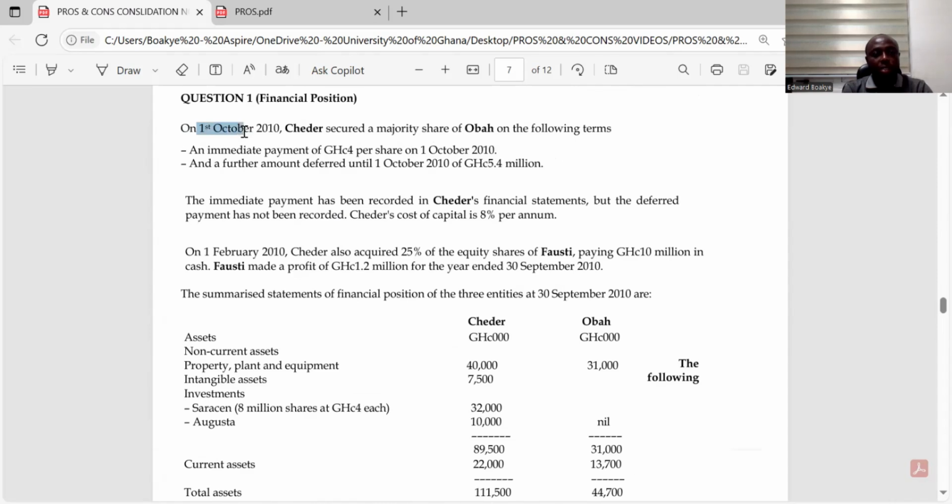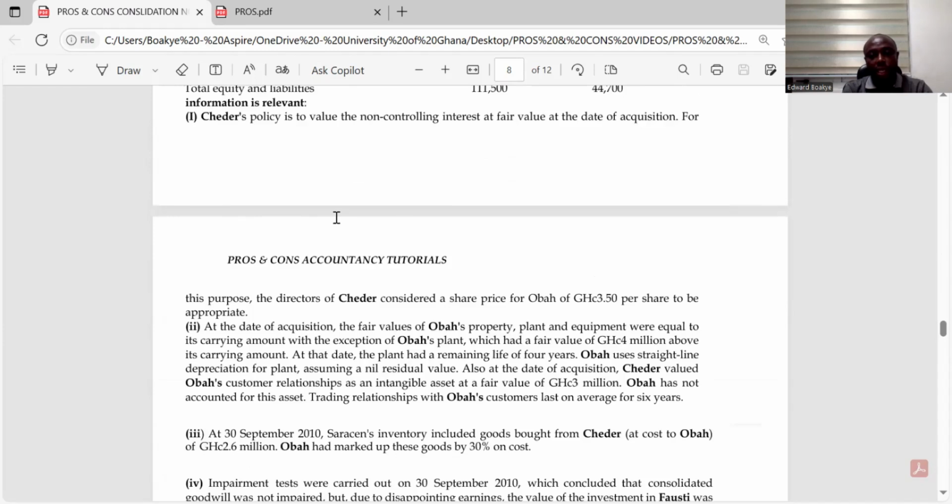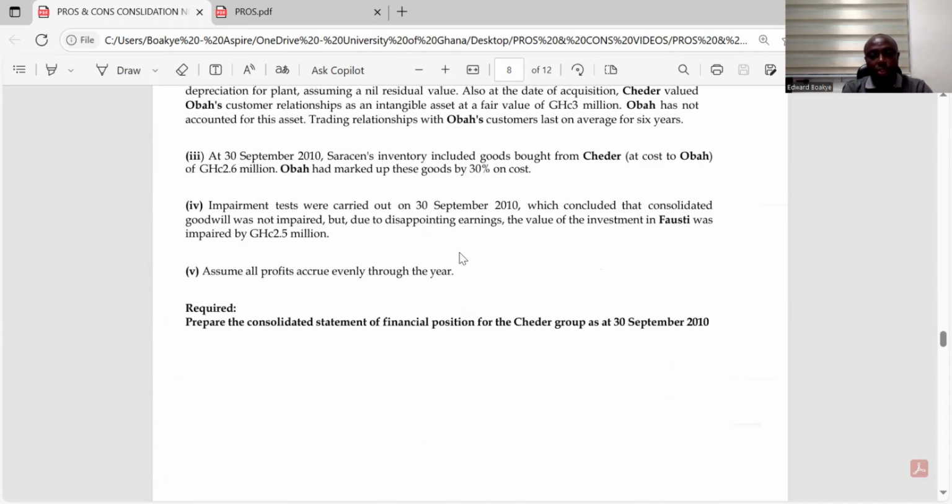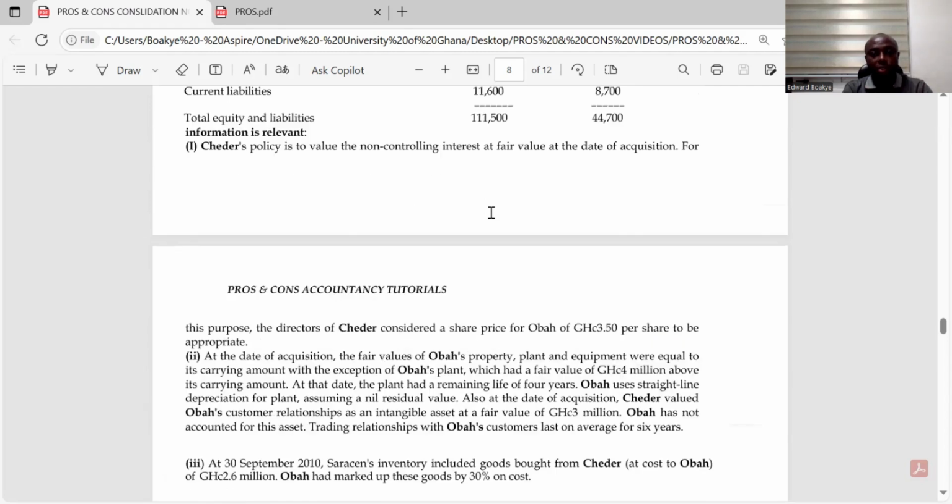So 1st October 2010 is the acquisition date. So in that case, this is supposed to be 30th September 2011. That will give us 1 year. Sorry for the 2010, it's supposed to be 2011.